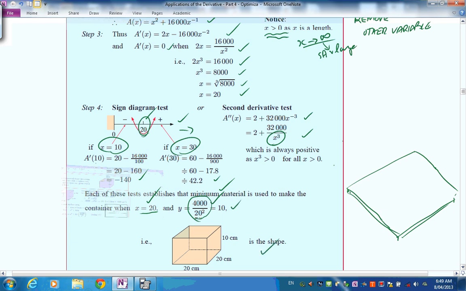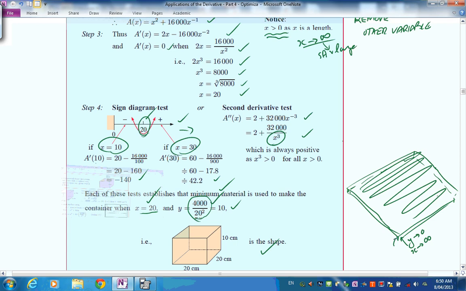So this is a shape that gives the minimum surface area. And the maximum surface area would be when you flatten it all out and have all this large surface area here with y tending to 0 and x actually, well, it could be 40,000, but it could theoretically be infinitely small height there. So just thinking around those problems.